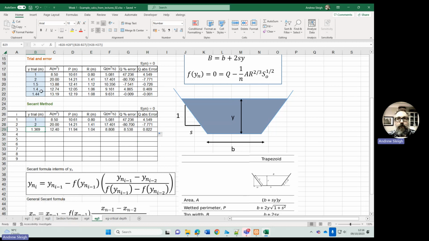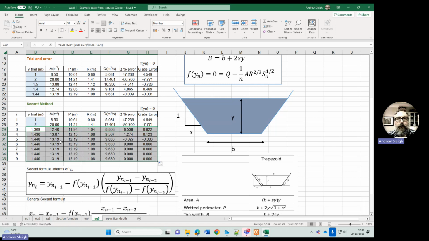because it's getting towards this 1.4. So let's just select that whole row, drag it to the bottom, and we see that after 6 iterations, we've iterated onto 1.440 with an error less than 1,000%. So 1.44, same solution there.